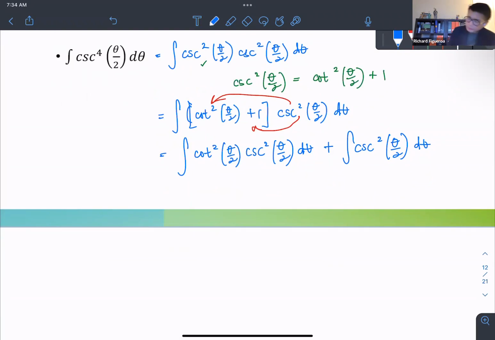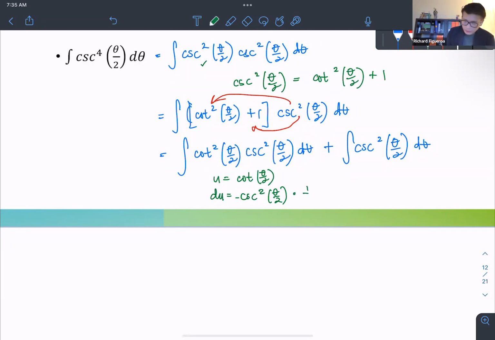So this time, our u, it's the power rule, no? So our u here is cotangent theta all over 2. So our du will be negative cosecant squared theta all over 2. And then what is the derivative of theta all over 2?